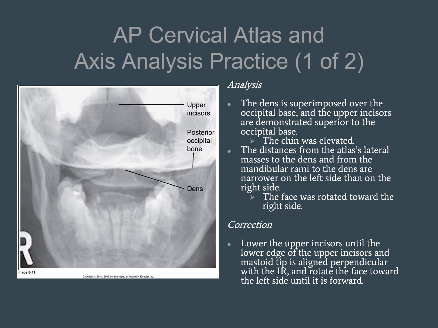In order to correct this imaging, for a repeat image, we need to lower the upper incisors until the lower edge of the upper incisors and mastoid tip are aligned perpendicular with the IR and rotate that face towards the left side until it is facing forward.